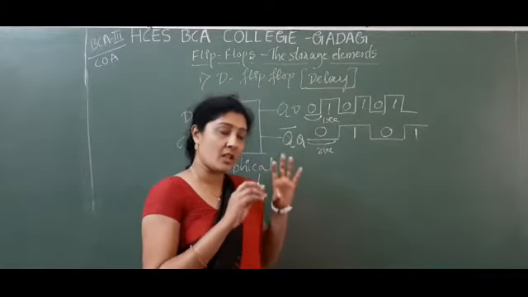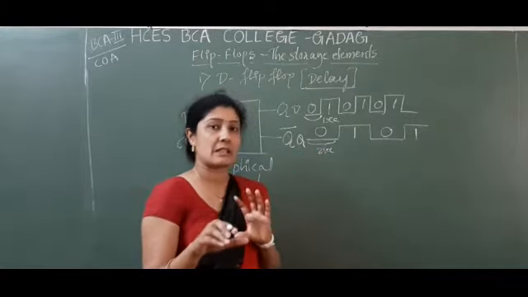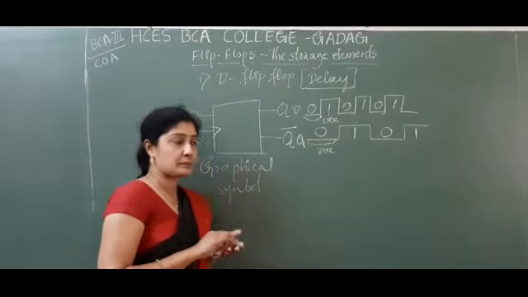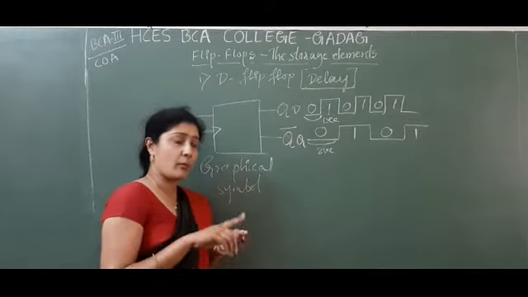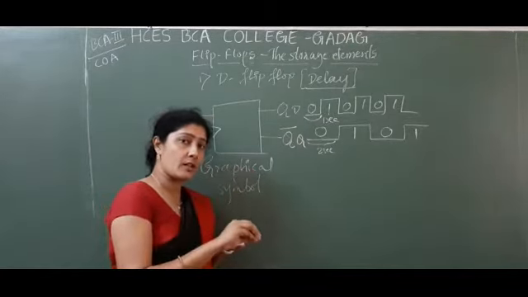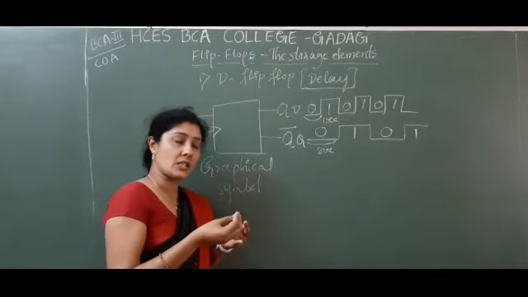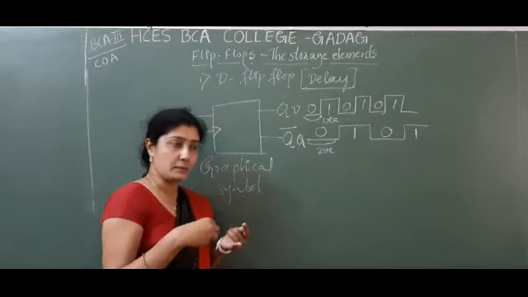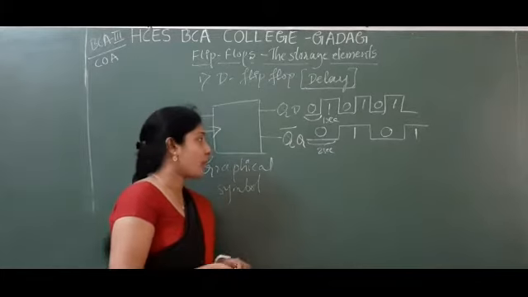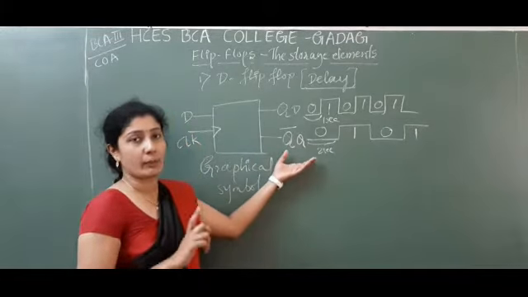What does it mean? The value is the same, only thing is it is delayed. So why do we use D flip-flop? We use D flip-flop when we need the output same as the input. This is one reason, and one more reason is when we want the output to be delayed. That time we use this D flip-flop.